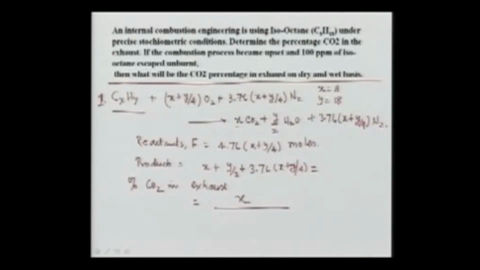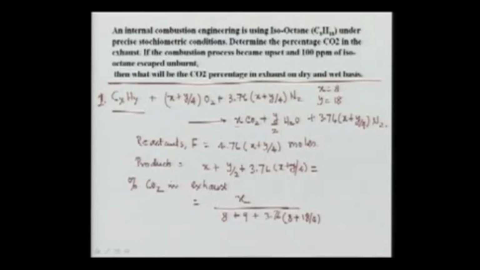So X is nothing but 8. So let's write 8 plus Y by 2, Y is 18, so that's 9, plus 3.76 times X plus Y by 4. X is 8, plus Y is 18 by 4.